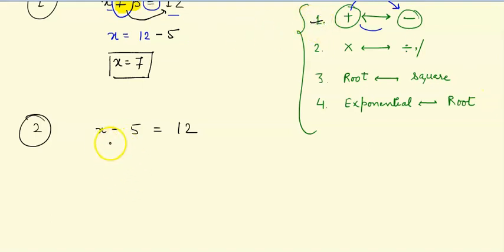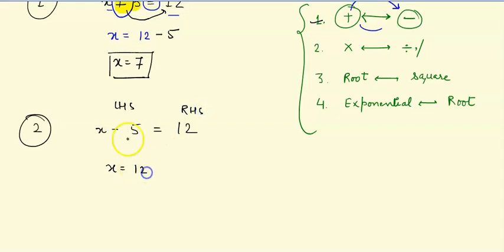Now in the second problem, we have something similar to the first, but in the first problem we have a positive sign, and in the second equation we have a negative sign, right? Again, this is the left hand side and this is the right hand side.